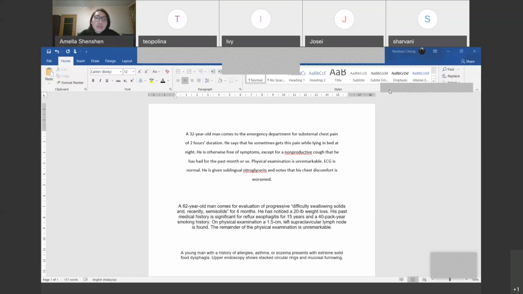Given sublingual nitroglycerin, the chest discomfort does not go away. Possible? Yeah, possible. Okay. Esophagitis, possible? Yes. Okay. What else?